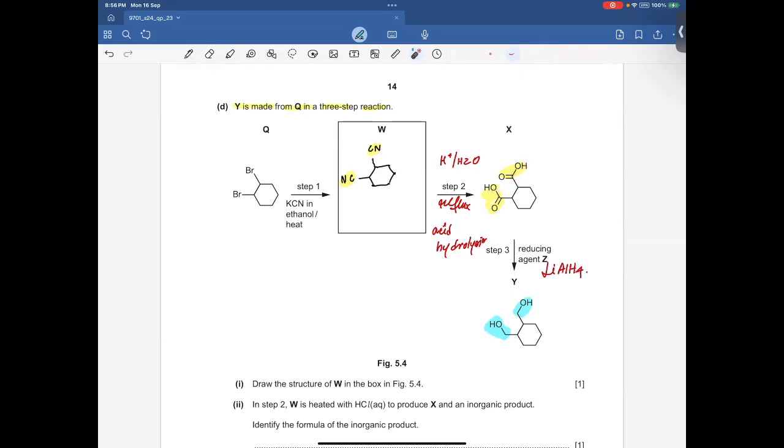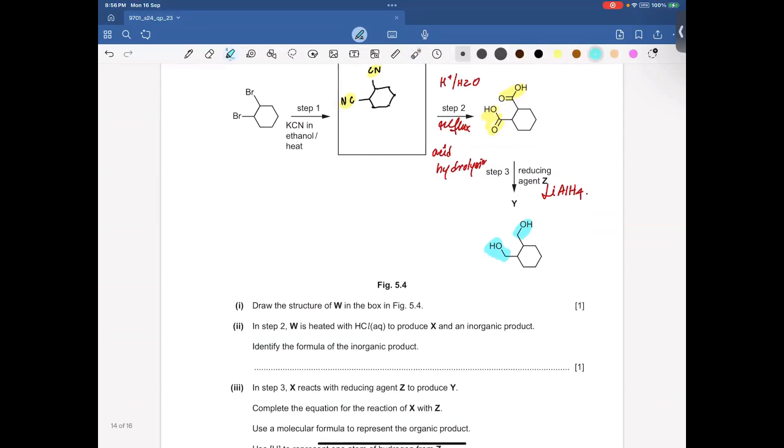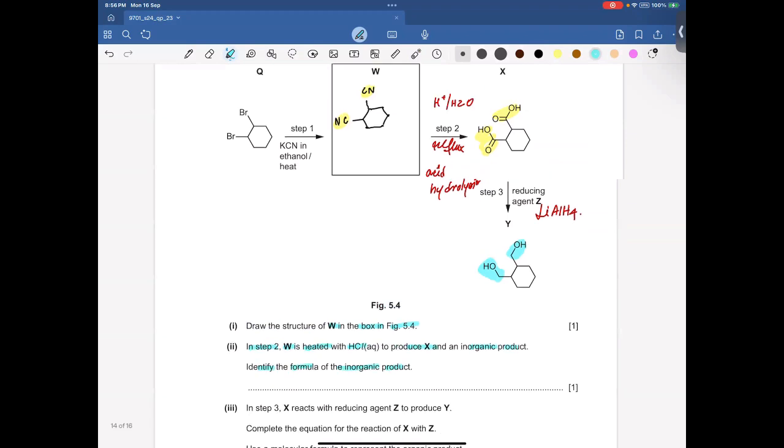All right. So draw the structure of W in the box in figure 5.4. I did that. In step 2, W is heated with HCl to produce X and an inorganic product. Identify the formula of the inorganic product. Okay.